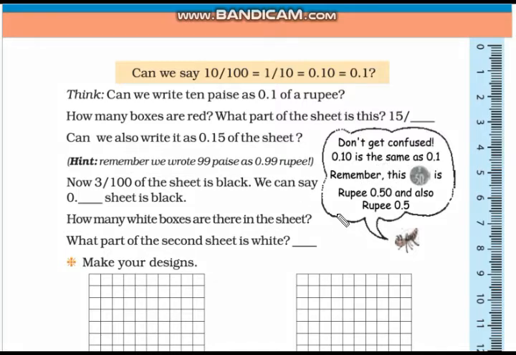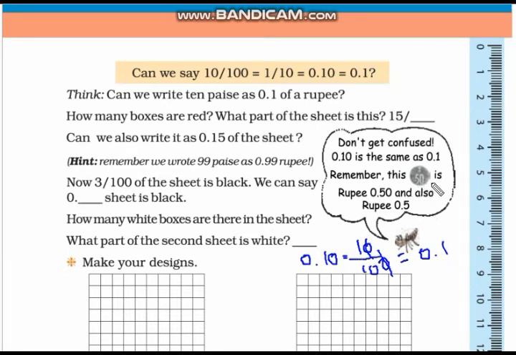Yes, because if we write 0.10 in fraction form, then it is 10 upon 100, and if we cancel this 0 and 0, it will be 0.1. So don't get confused. 0.10 is the same as 0.1.